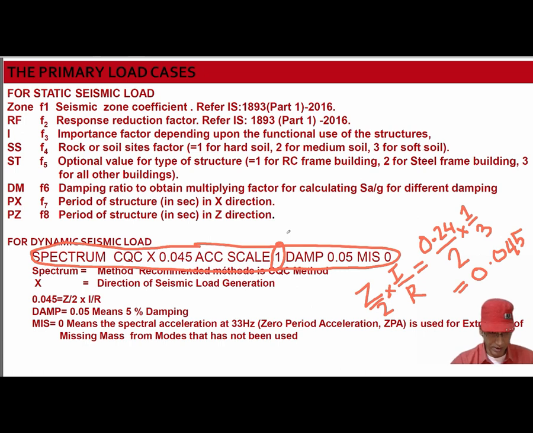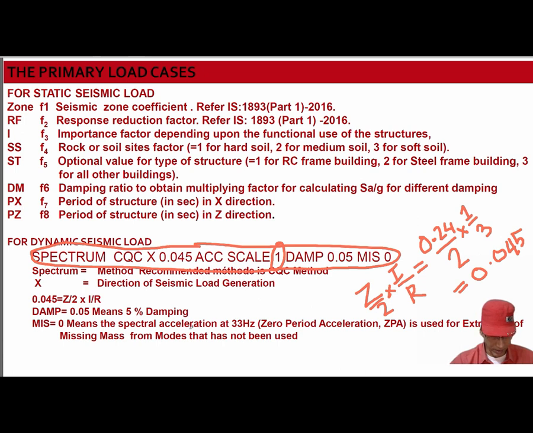Finding out the base shear generated from the static analysis, we may have to scale this value to match the base shear calculated by dynamic analysis to the value that has been calculated by static analysis. Then this is damping. Damping is 0.05, which means 5% damping.